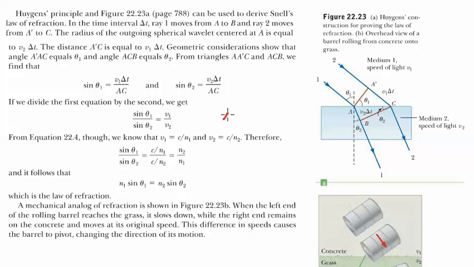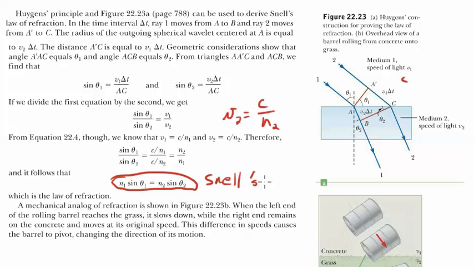But v is the speed of light in the medium, so v2 is c over n2 and v1 is c over n1. So this is also going to be n2 over n1, and we can derive Snell's law here, which is the law of refraction.